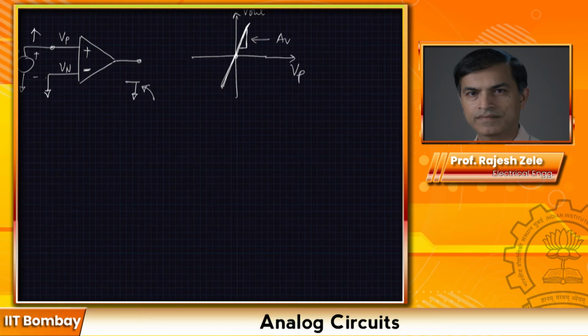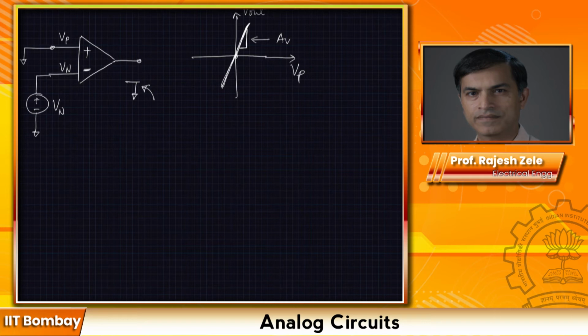All right. Similarly, we can do a flip case where I change the input structure. In this case, I'm going to apply analog ground to Vp, and then I'm going to apply a plus-minus input source here, Vn. Okay. Then what do I expect?